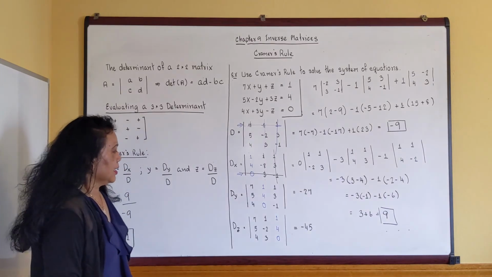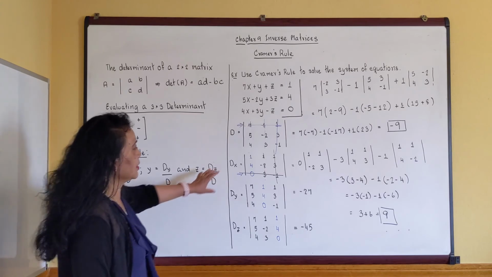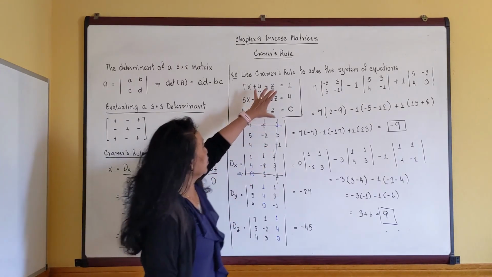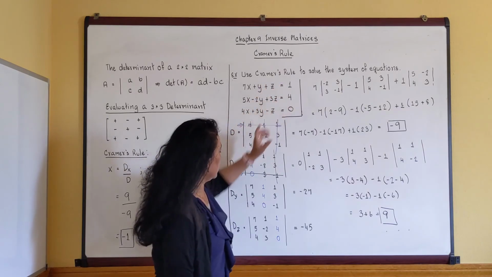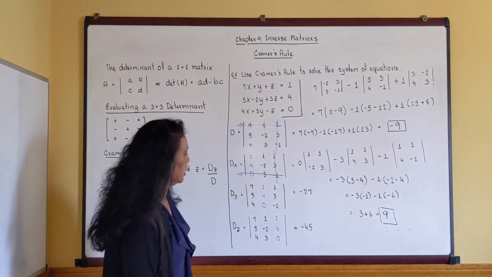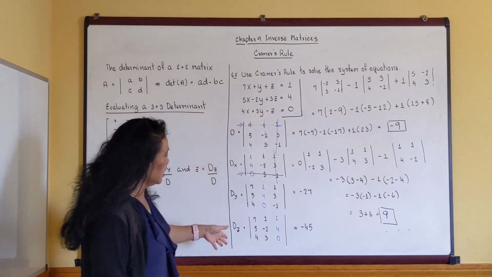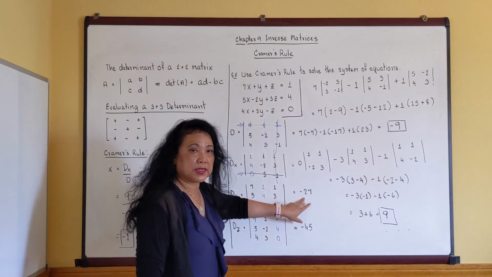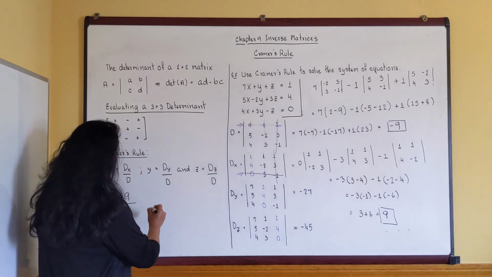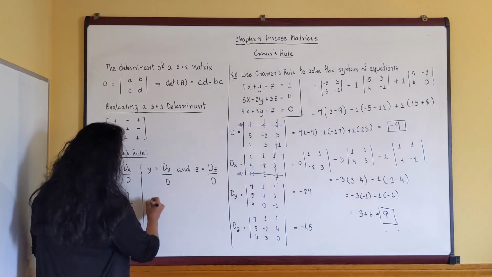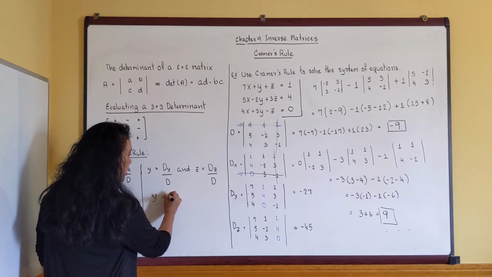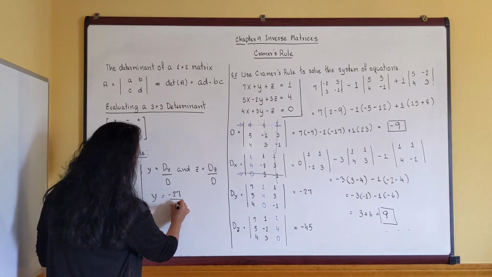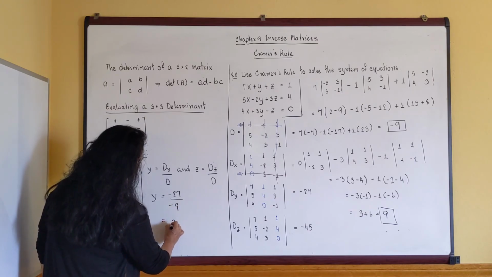Now I'm not going to do it again, but it's the same procedure. For dy, you will place 1, 4, 0 on the y column. Everything else remains the same. Pick any row or any column and do the same thing. You should get negative 27. So your y would be negative 27 divided by d, which is negative 9, which is 3.